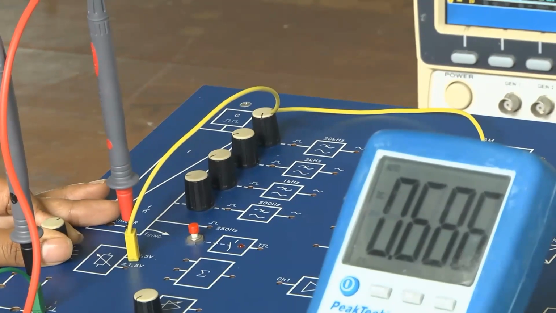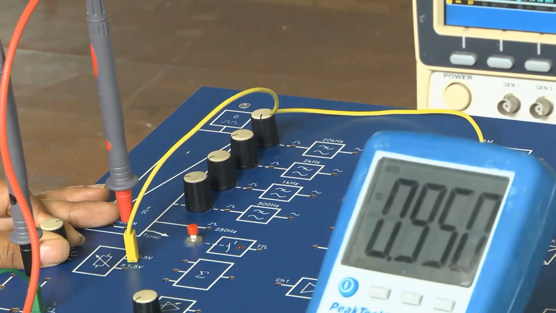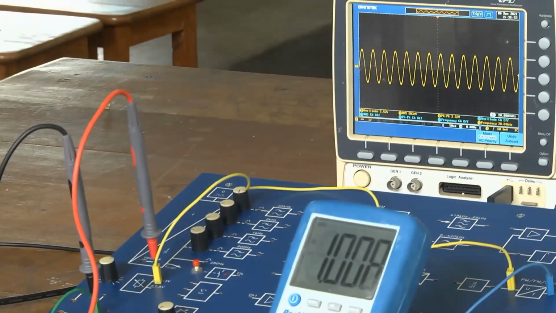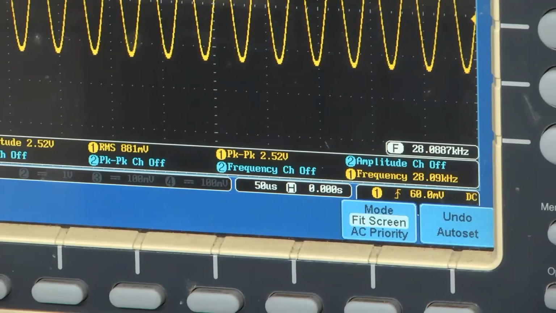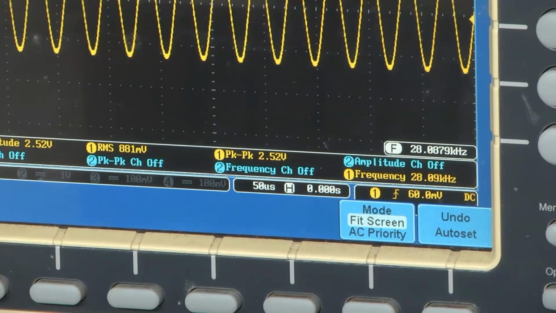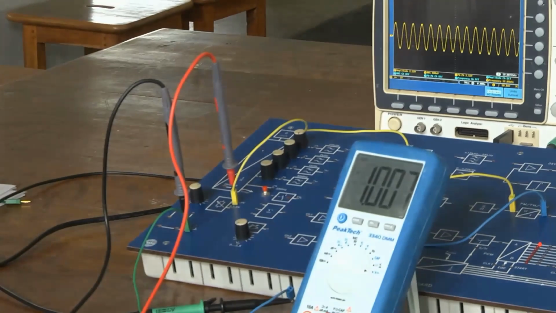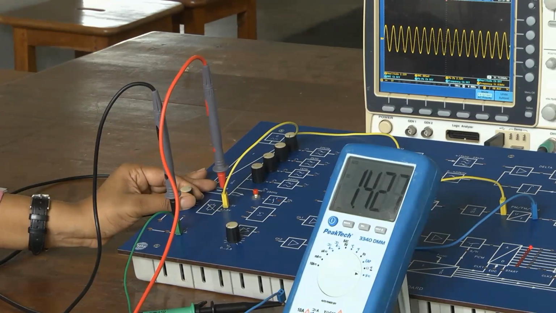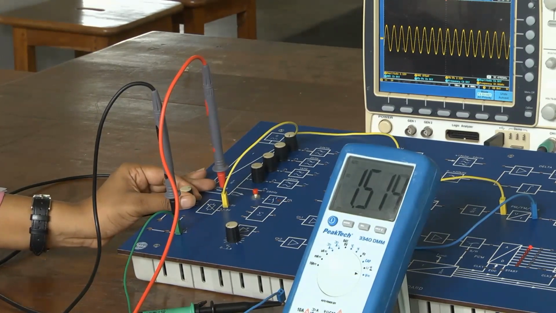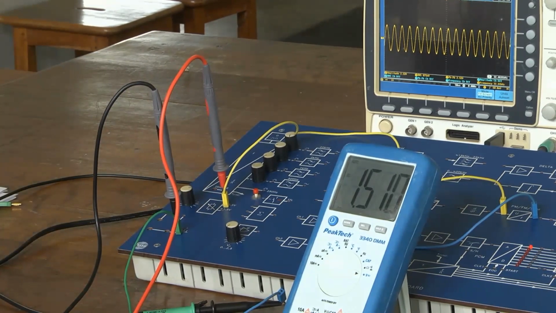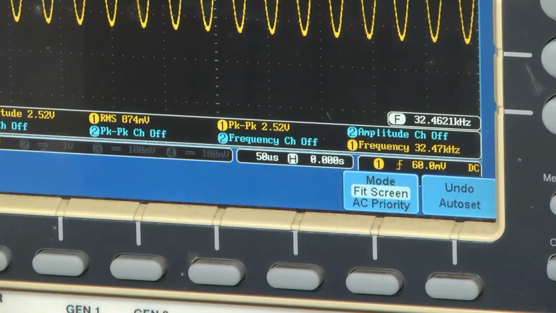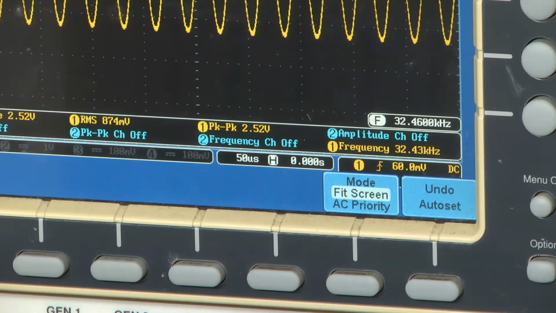Now we have to make the voltage 1 volt. Then let's make the voltage 1.5.